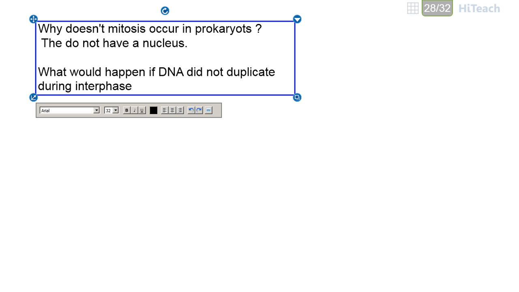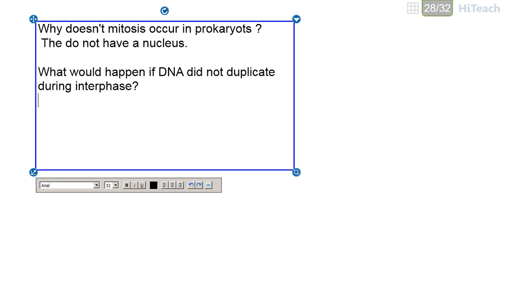Actually, the new cells will not contain the same set of chromosomes, right? So this is the question. Now the answer: if they don't duplicate it, the daughter cells will not be the same. They don't have the same genetic material.